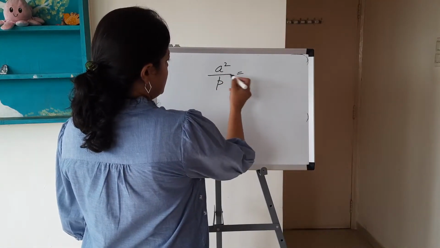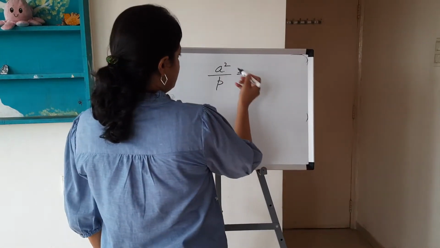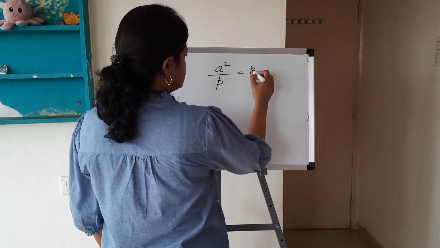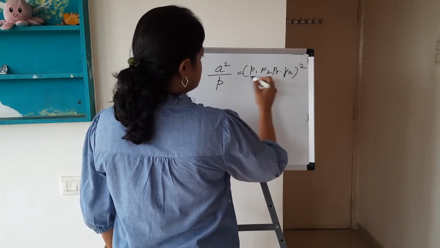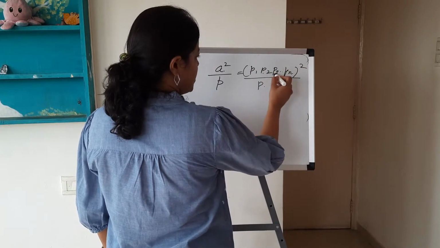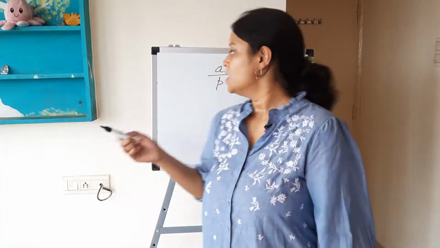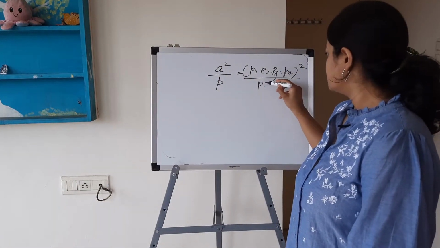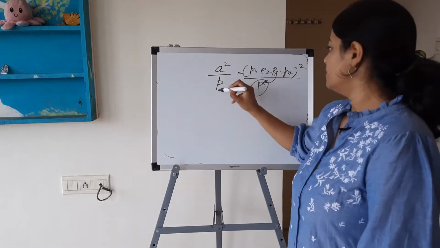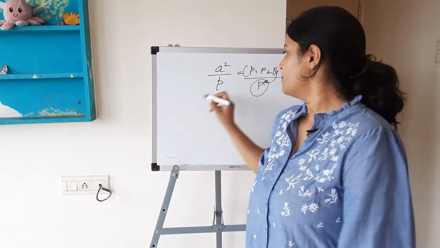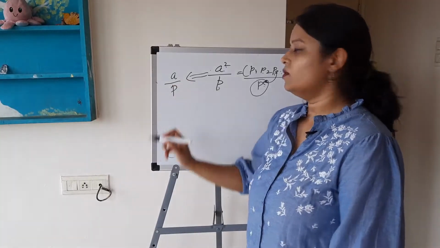If in a itself, we express a as p1, p2, p3, up to pn, one of these prime numbers is p itself. This follows from the previous theorem that we had discussed. We have said p is a prime number, then only p divides a square. So it is quite obvious that p will divide a also.